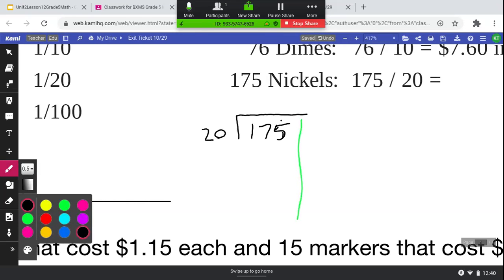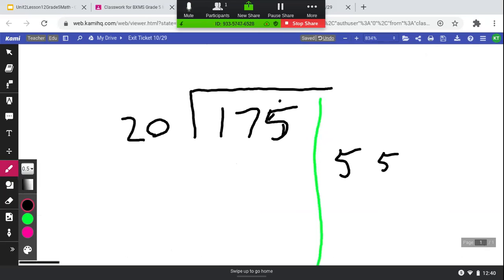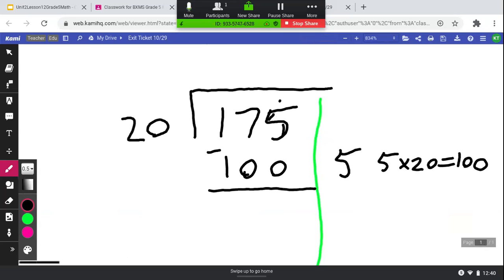So my first estimation, how many times does 20 go into 175? Well, let's just say 5 and see what happens. 5 times 20 equals 100. So I'm going to subtract 100 from 175. Now I'm left over with 75.